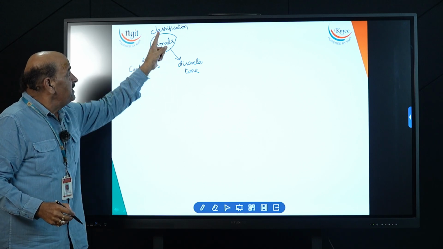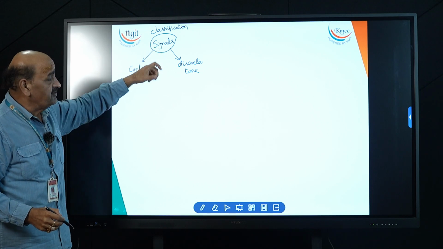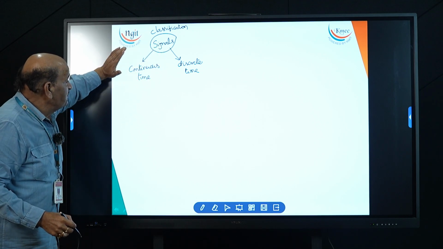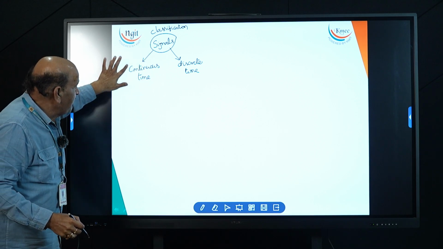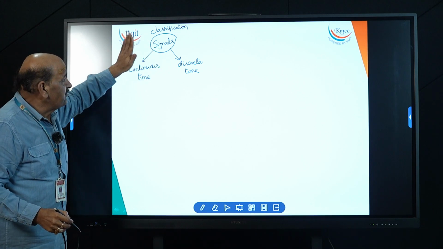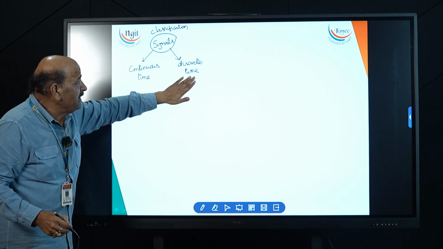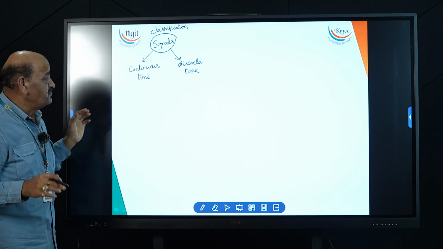These two are different classifications of signals. Students have to understand like this. So far, for your understanding, at the beginning I described only continuous time signals. In the same pattern, now we are going to discuss discrete time signals as well.